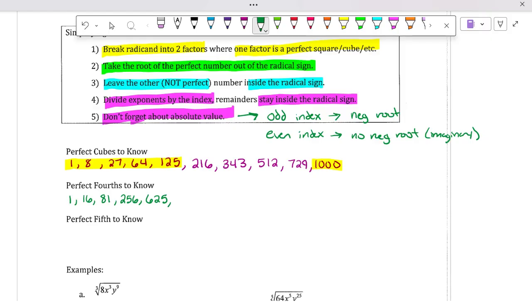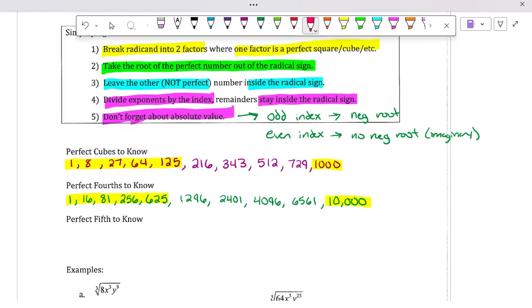If you want to go further, 6 to the 4th is 1296, 7 to the 4th is 2401, 8 to the 4th is 4096, 9 to the 4th is 6561, 10 to the 4th is 10,000. And again, you really only need to know up till 5, and then also what 10 is.